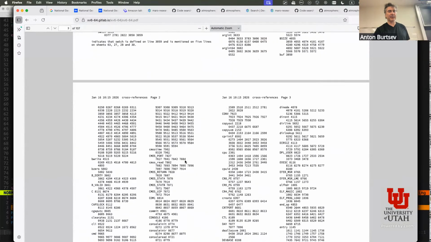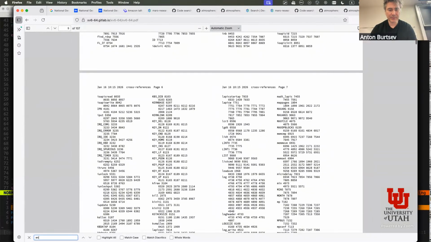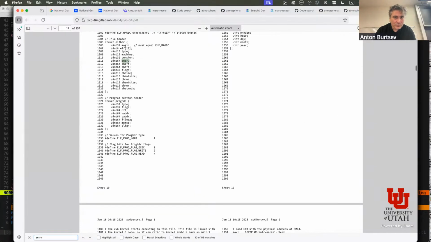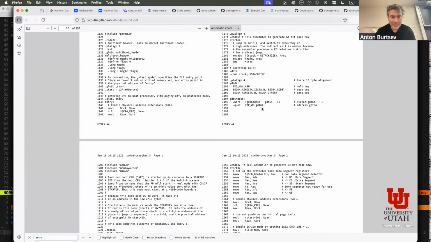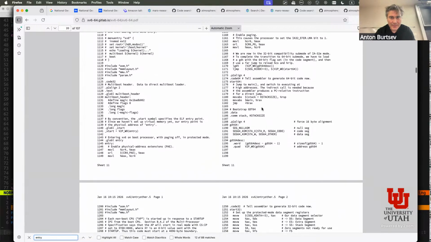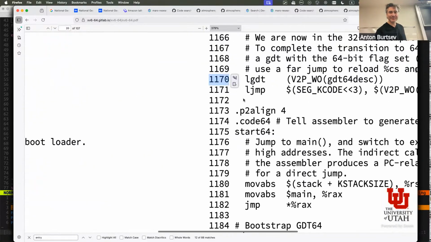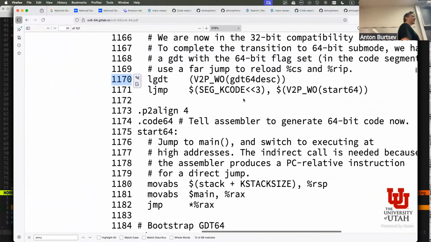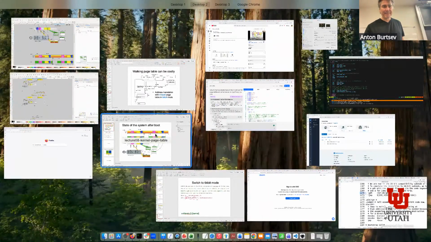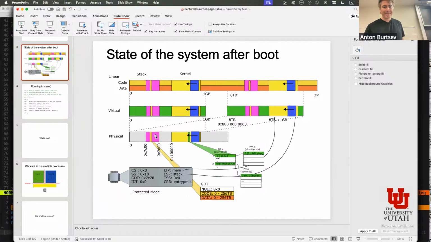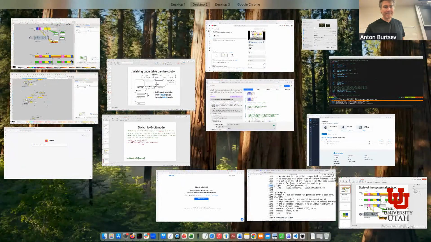So specifically here, you say entry, start 64-bit. It's actually the right number, 1170. So this line will trigger a page fault. Does everyone agree? This is the answer to the quiz. Any questions, Rick? So hold on.